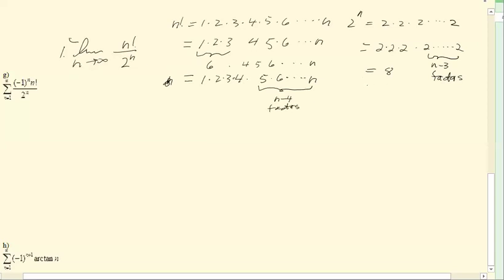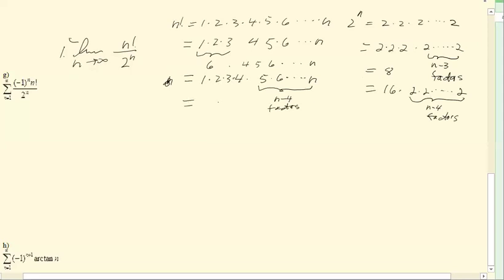And over here, I'm going to pull out one more of these 2's and make this a 16 times 2, 2, 2. And this will be also n minus 4 factors.